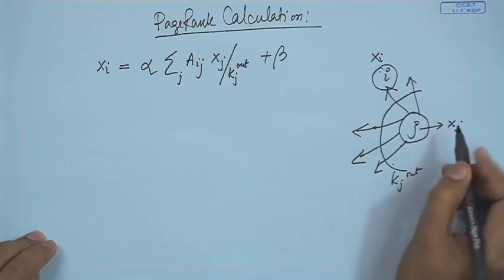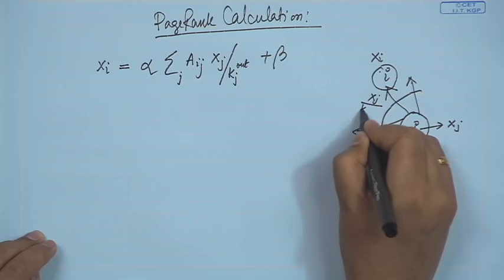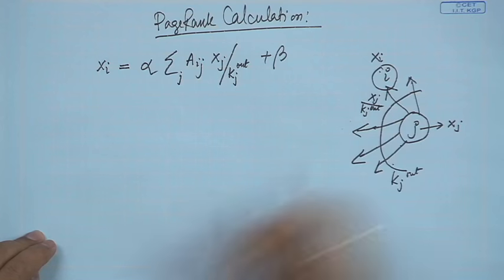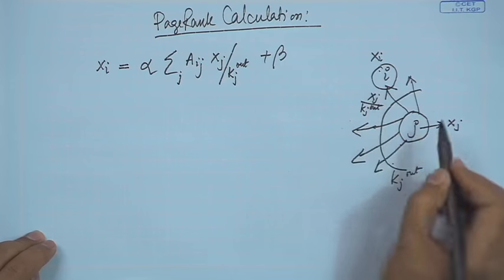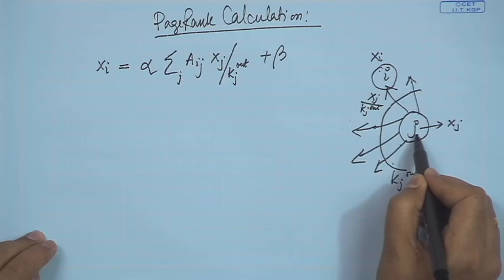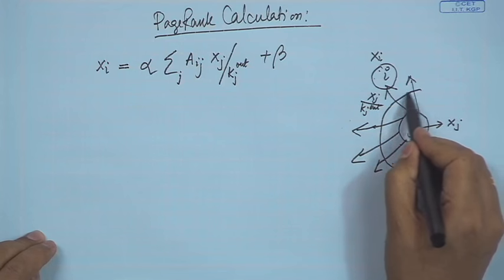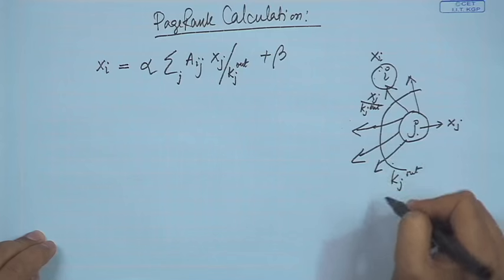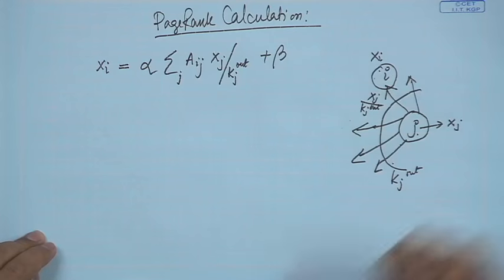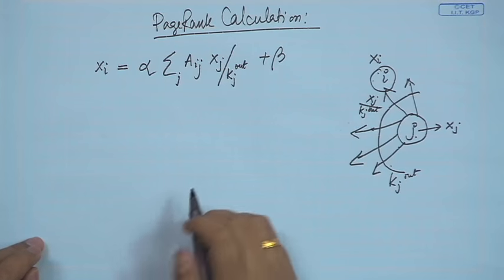So, each of them is receiving a fraction xj by kj out from node j. So, this fraction of popularity from node j is given to node i. You basically appropriately normalize the popularity of xj and distribute it among all its neighbors. Okay. That is the only difference from the Katz centrality. Katz centrality did not have this normalization.